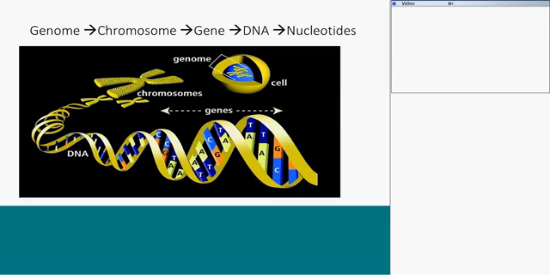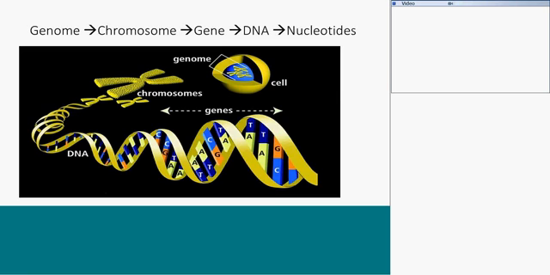Chromosomes are structures that hold the genes. If you unwind a chromosome, you're going to see genes on it. As an analogy, it's like a pearl necklace: the whole necklace is the chromosome, and the pearls on the necklace are the genes. And if you unwind a gene, you get to DNA, which is the building block of a gene.